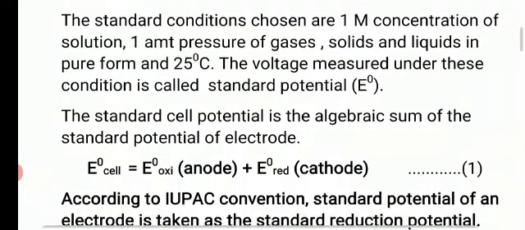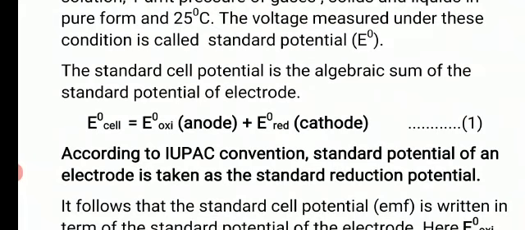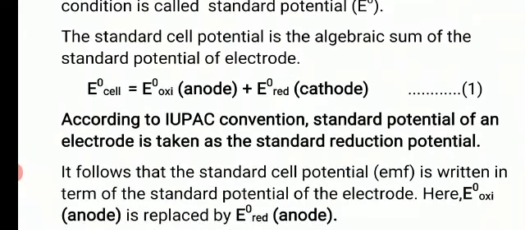So according to that standard, the standard potential is the algebraic sum of standard potential of electrode. So E naught cell is equal to E naught oxidation of anode plus E naught reduction of cathode. But according to IUPAC convention, any standard potential of electrode is taken as a standard reduction potential. So यहाँ पे E naught oxidation is replaced by E naught reduction.